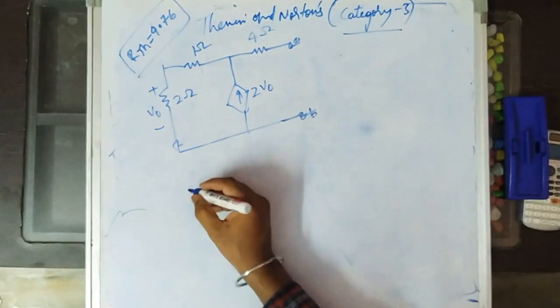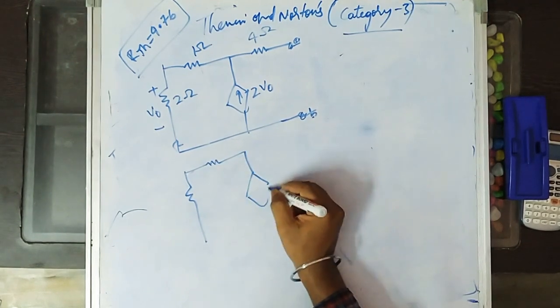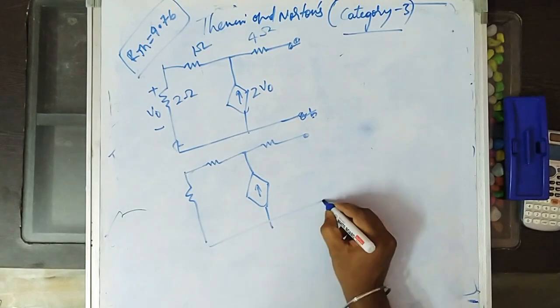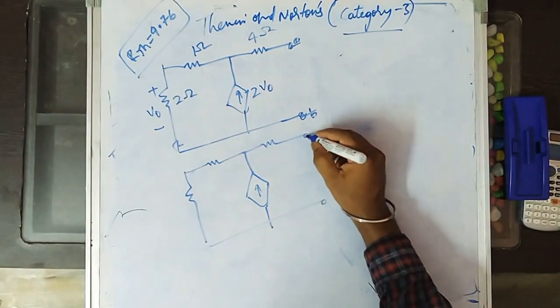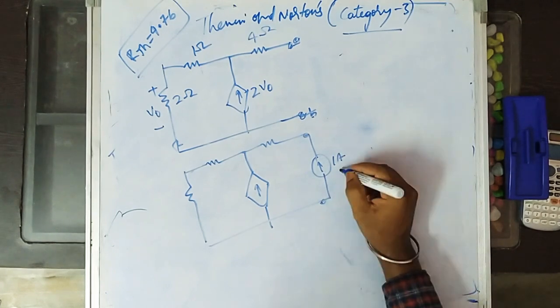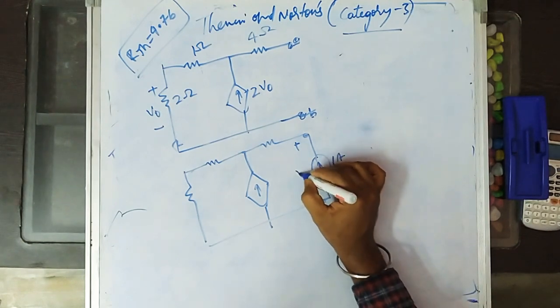For the same circuit, if you give 1 amp test current, what we need to find is voltage Vt.